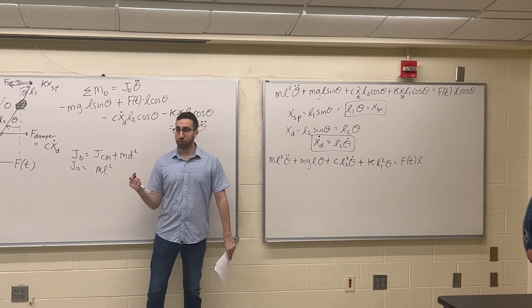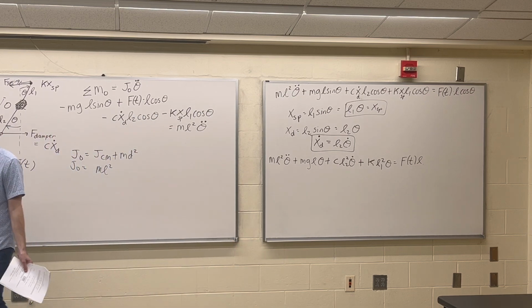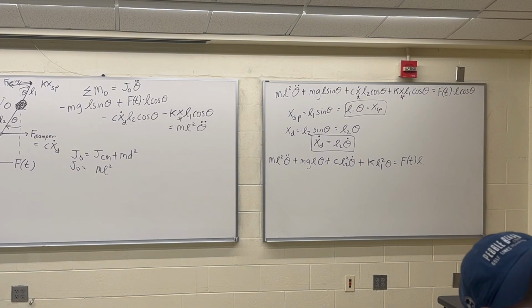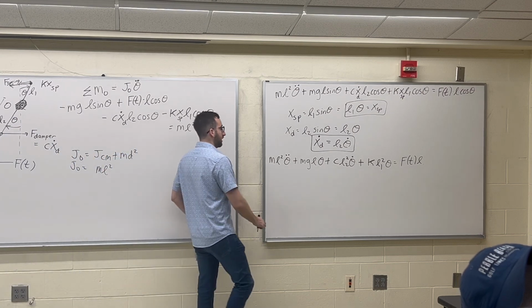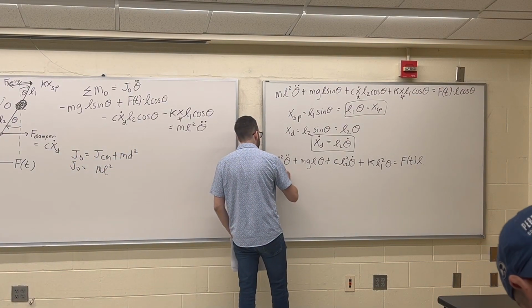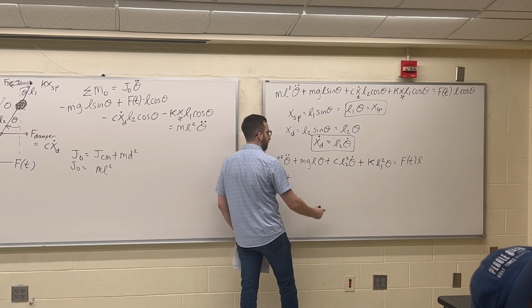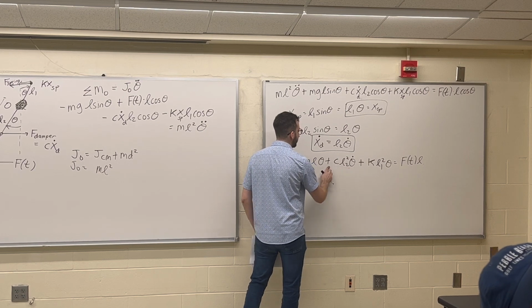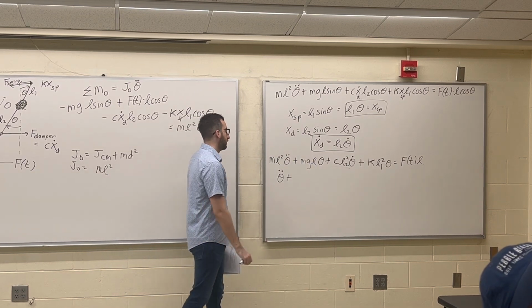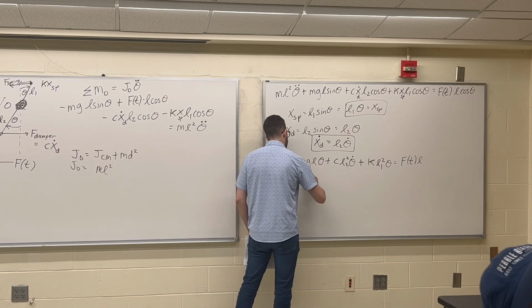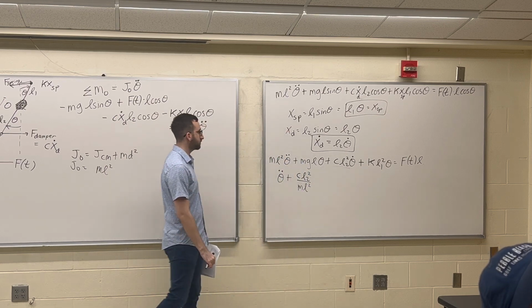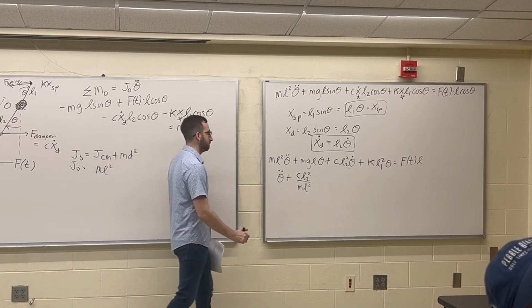Now, in order to find the natural frequency, I recommend converting to what? Monic form, because if I divide by ML squared, then I'll be in this exact form over here where we have our natural frequency already there. So we'll have theta double dot. I'm going to rearrange this a bit. I'm going to put this one first, because we want to write it in order of decreasing derivatives, plus C L2 squared over ML squared times theta dot.